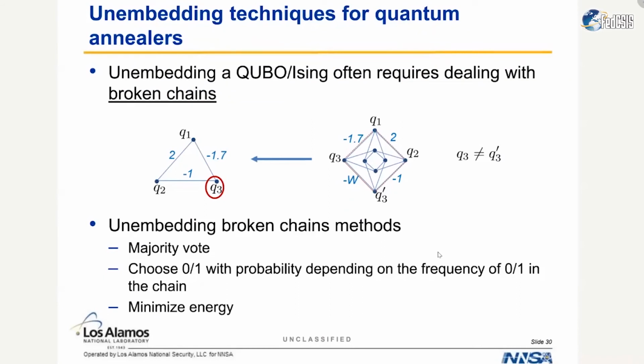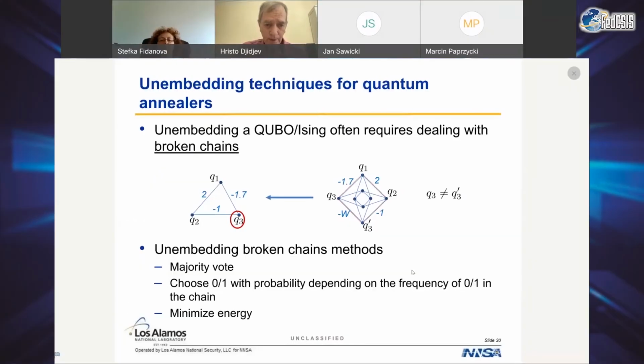And when we have a case like this, it's called a broken chain. And fortunately, it's not just 2 qubits in a chain. That's not typical. Usually we have 10, 15 qubits in a chain. And it also happens that many of the chains are broken. So there are different ways to handle this. One is so-called majority vote. So we just look whether the zeros or ones are more, and if zeros are more, we choose 0. If ones are more, we choose 1.